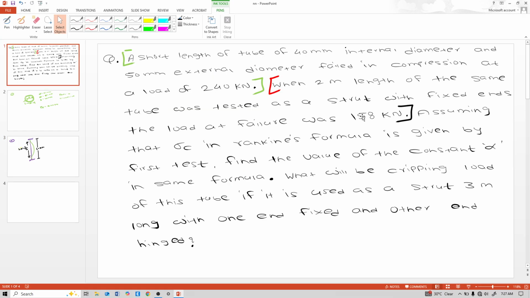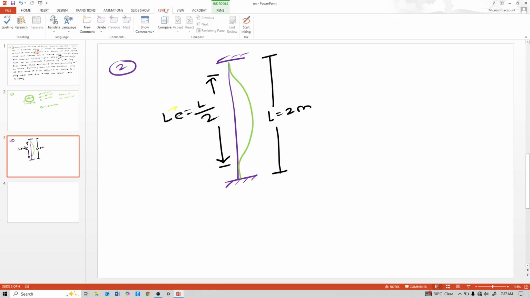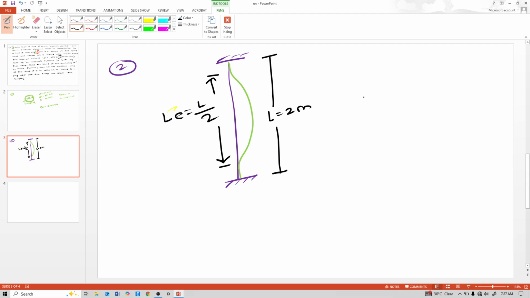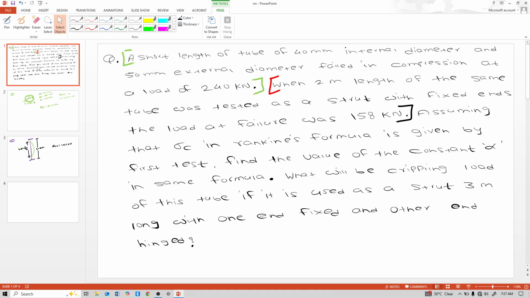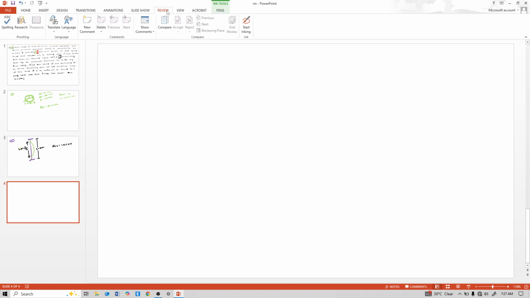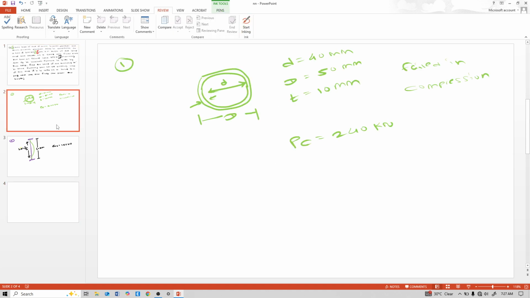Yes. And with 2 meter length of the same tube tested as a strut with fixed ends, the load at failure was 158 kN. This is load at failure, that means this is crippling load, 158 kN. Okay, assuming that sigma c in Rankine's formula is given by first state, so you know that we always use that sigma c in Rankine's formula.